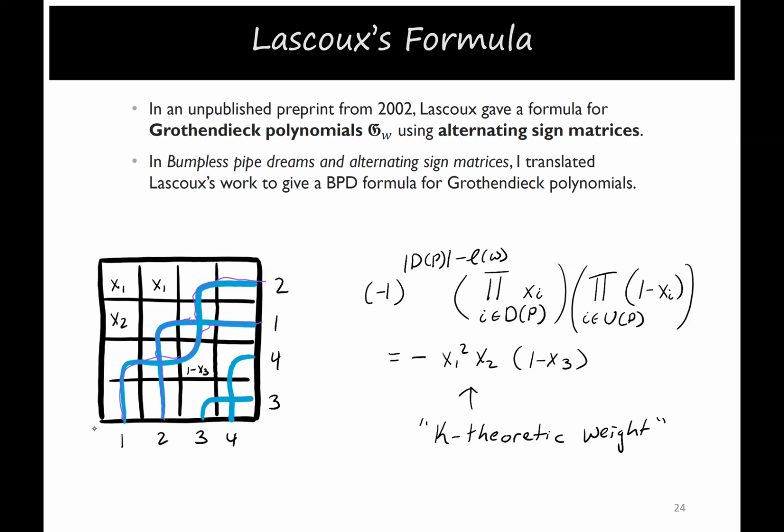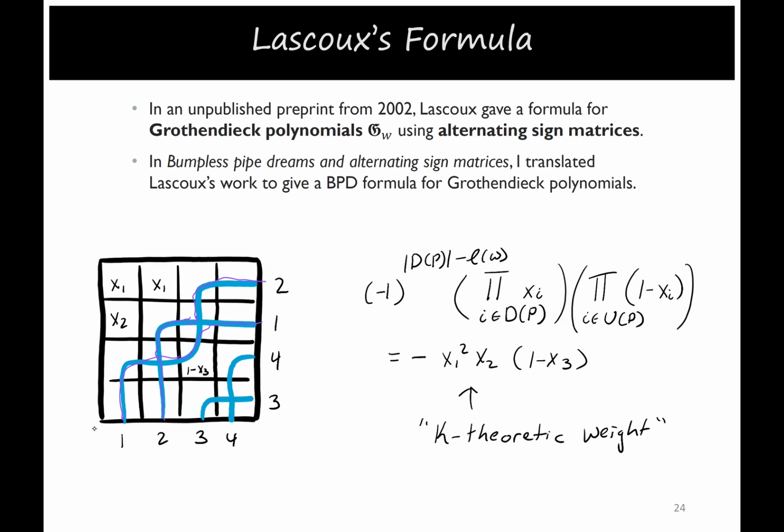He called this permutation the key of the alternating sign matrix. This funny way of reading permutations along pipes, I showed, is the same permutation as Lascoux's key. So if you would rather not do inflation and would rather get your permutation by following these pipes, you can do so now.